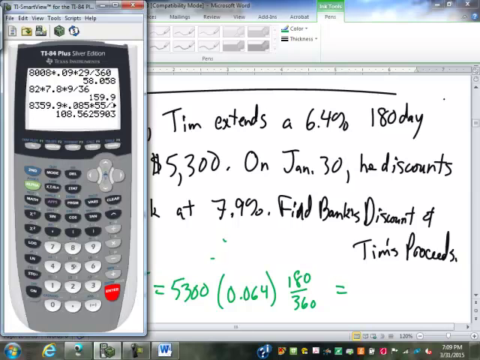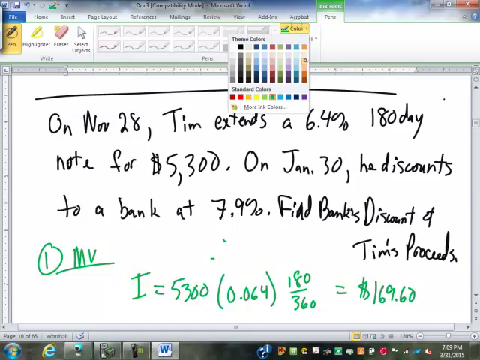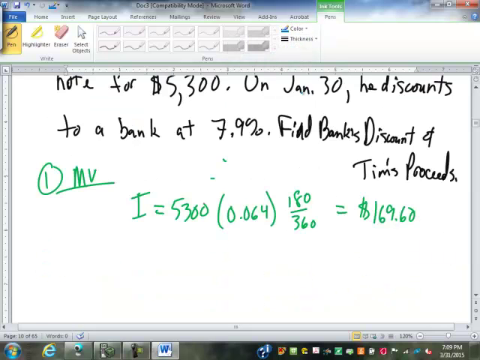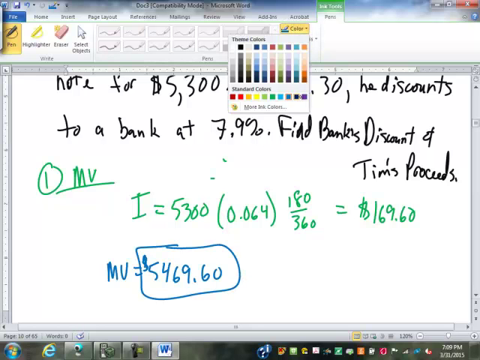So 5,300 times 0.064 times 180 over 360. 169.60 for interest. Which means we got a maturity value, I'm going to add this in my head, to 5,469.60, correct? Comments, complaints, arguments.